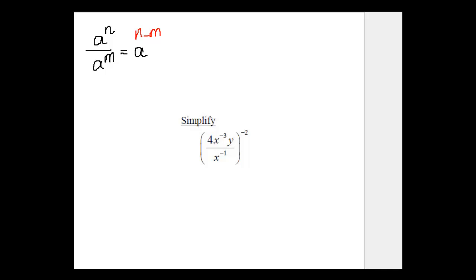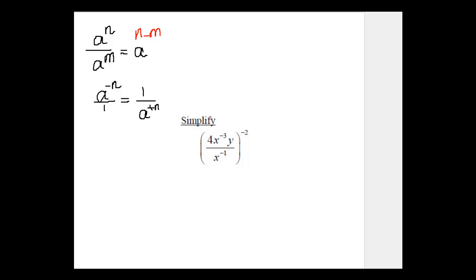One other property that would be helpful here to know is if you have a negative exponent, you can use this property to make them positive. Sunit, do you know what that is? That will be equal to 1 over a to the n.